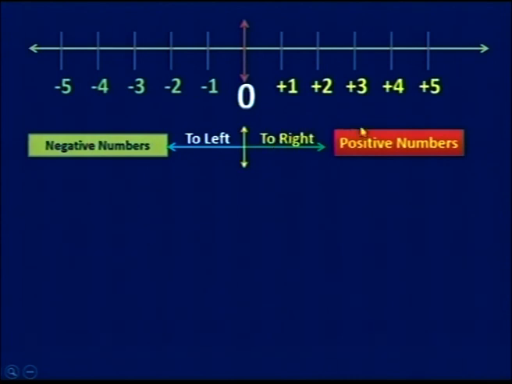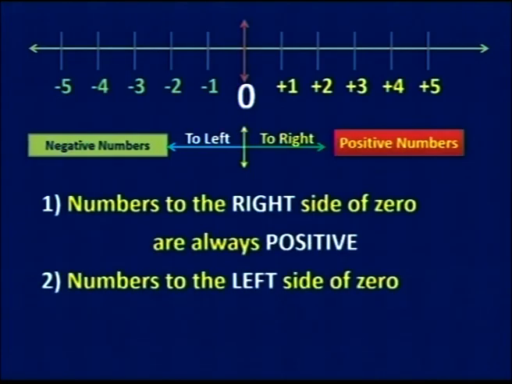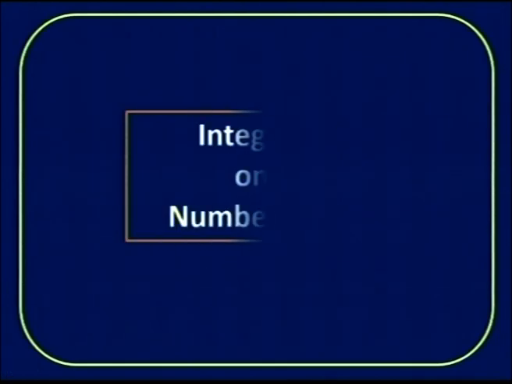To the right side of 0 we have positive numbers and to the left side of 0 we have negative numbers. So, numbers to the right side of 0 are always positive, numbers to the left side of 0 are always negative. Okay children, I am repeating once again. Numbers to the right side of 0 are always positive and numbers to the left side of 0 are always negative.